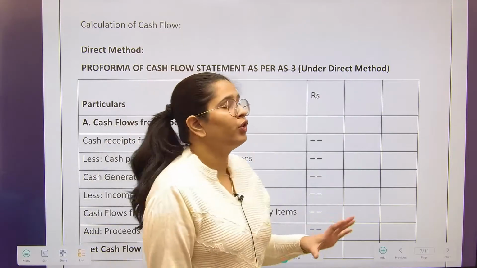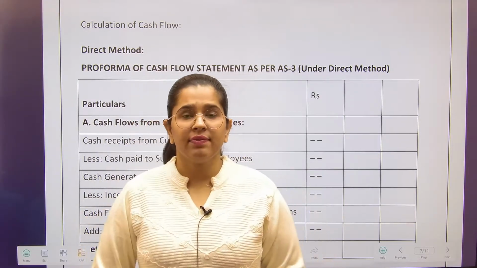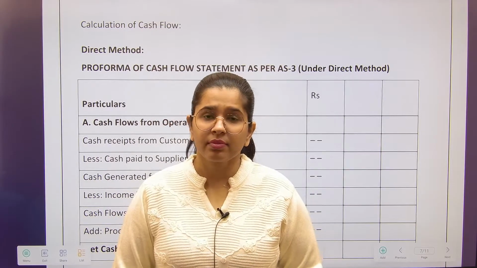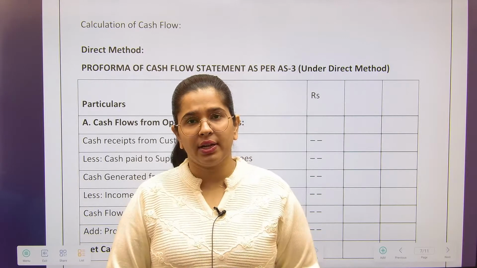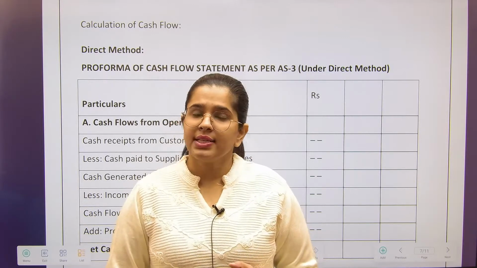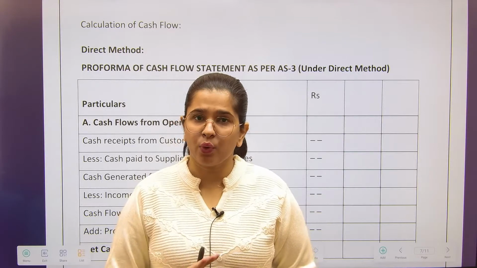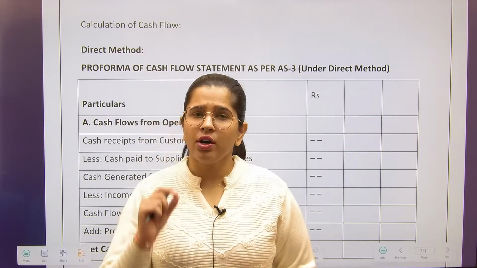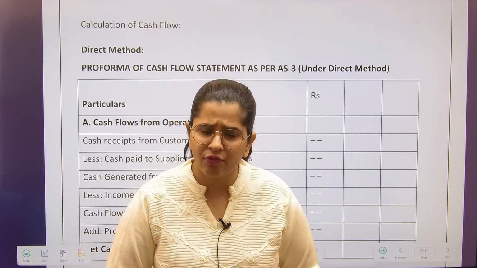So what would be today's discussion? Today I'll be discussing with you the formats under both the methods. There are two methods of calculating cash flow: one is the direct method and another is the indirect method. I'll be discussing both of them, and not just saying this item is there in the format.